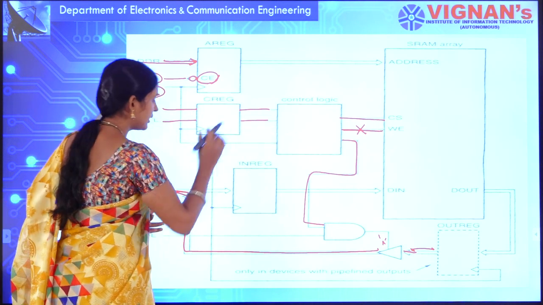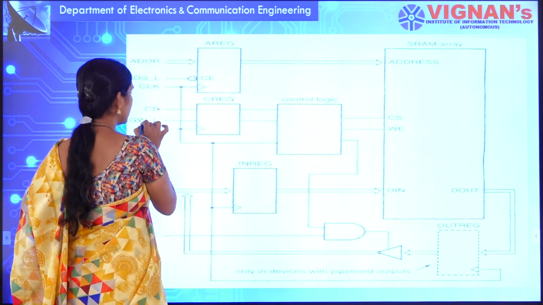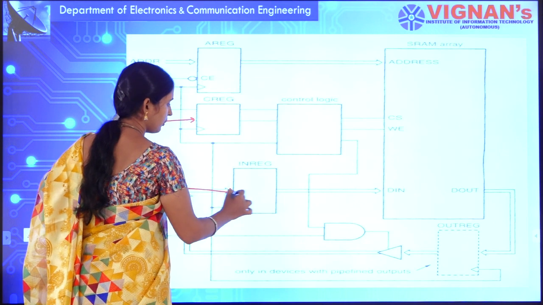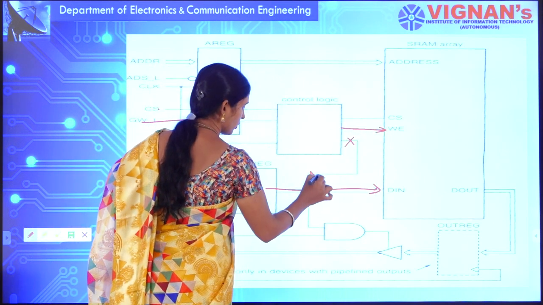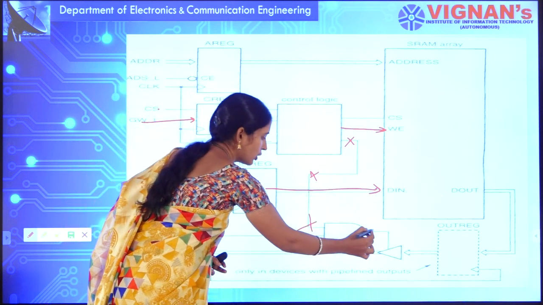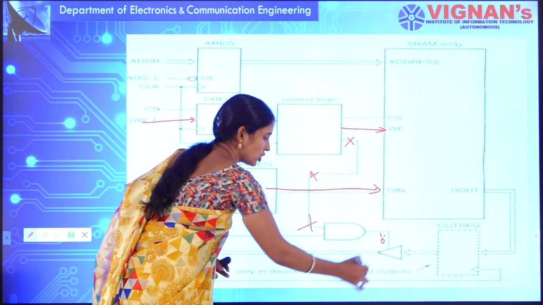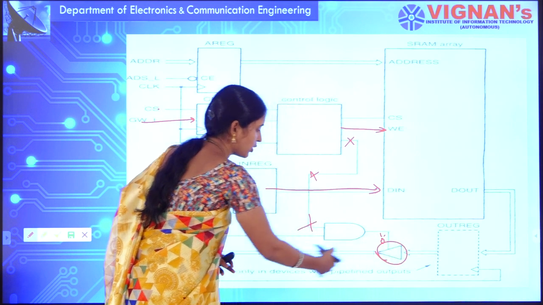If you want to write the data, this direction will be activated, whereas the other direction will not be activated. That means it will be providing 0 here, and you cannot access the data.